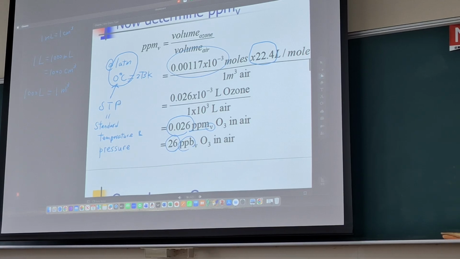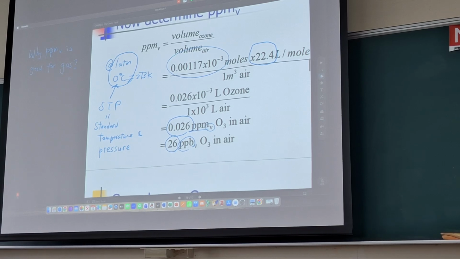So let me conclude here. Why is ppm V good for gas?